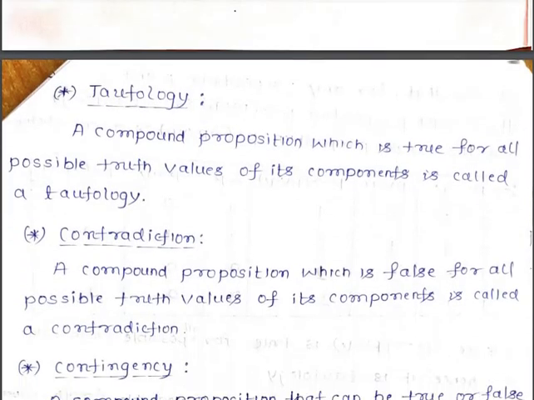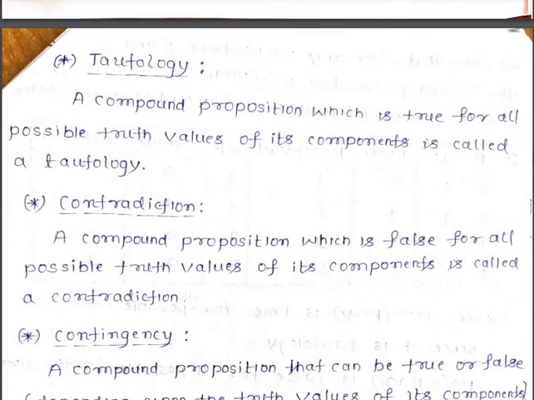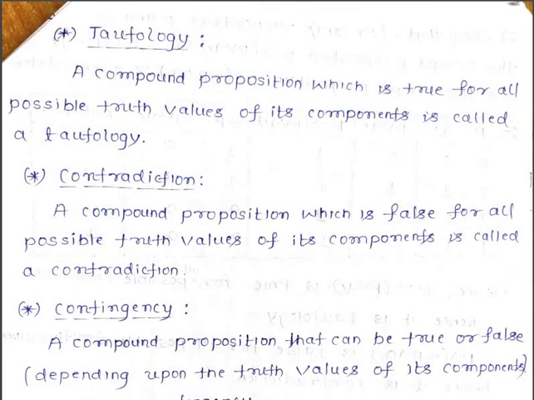Now let us discuss about tautology. What is tautology? A compound proposition which is true for all possible truth values of its components is called a tautology. Whatever the values you check for, all the possible truth values, you should get true. Then we consider that as tautology.